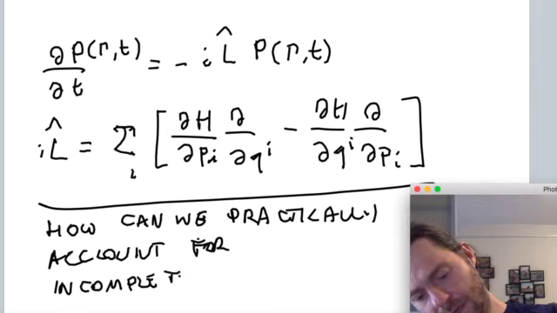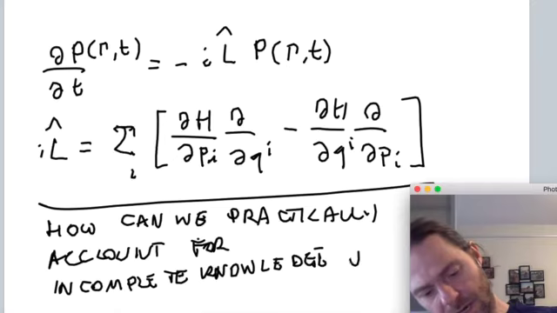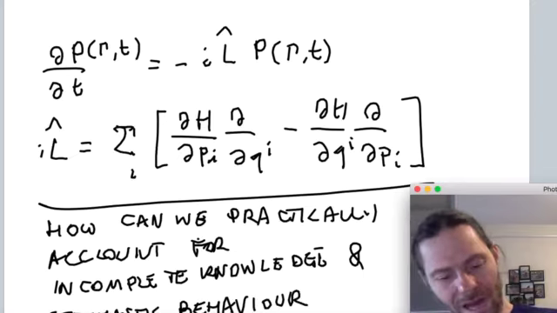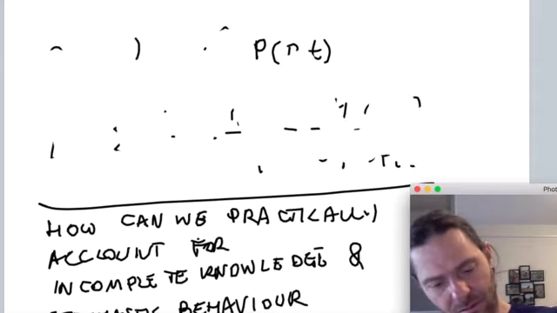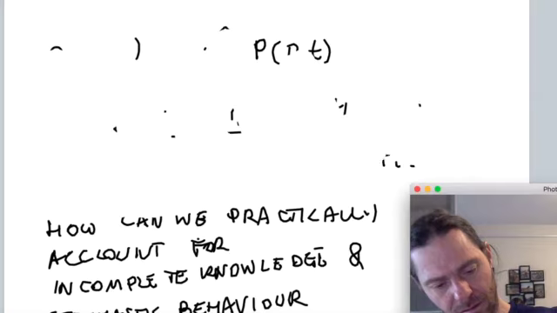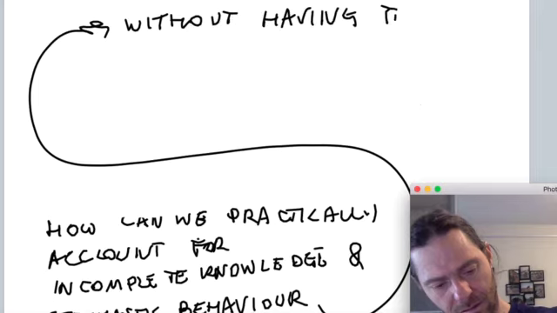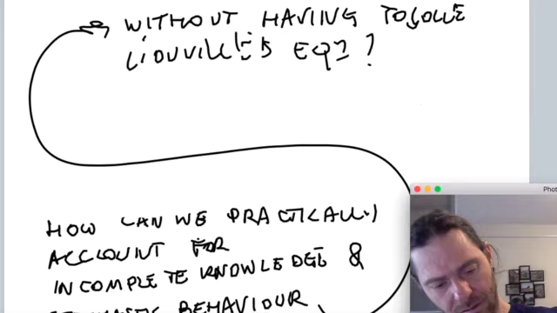Incomplete knowledge and stochastic behavior without, let me continue here, without having to solve Liouville's equations. That's a question we want to answer.